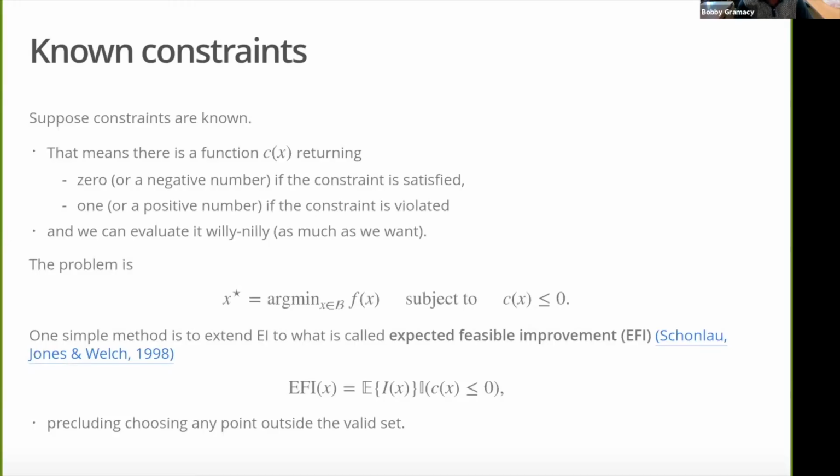Okay, so I'm going to first provide a mathematical program to describe what I'm talking about. So now I assume that there are two functions, a function f and a function c. So f is my objective, it's what I want to minimize, and c is my constraint. And c may be vector valued. This is the most common thing, that you have one objective and multiple constraints.